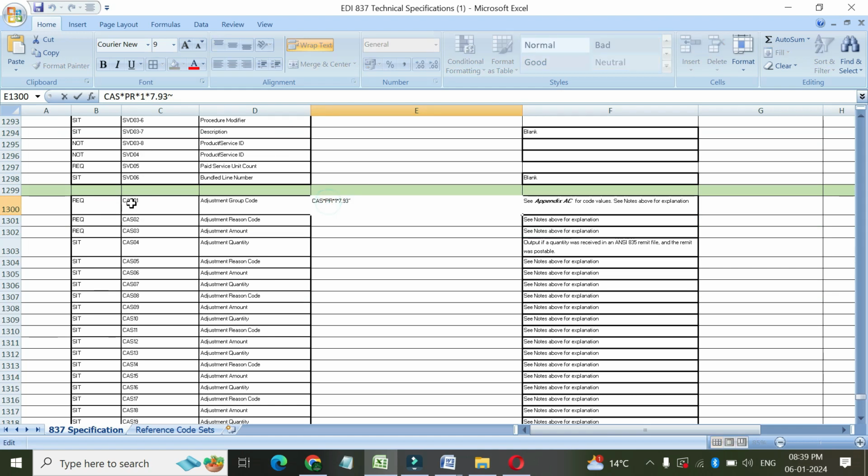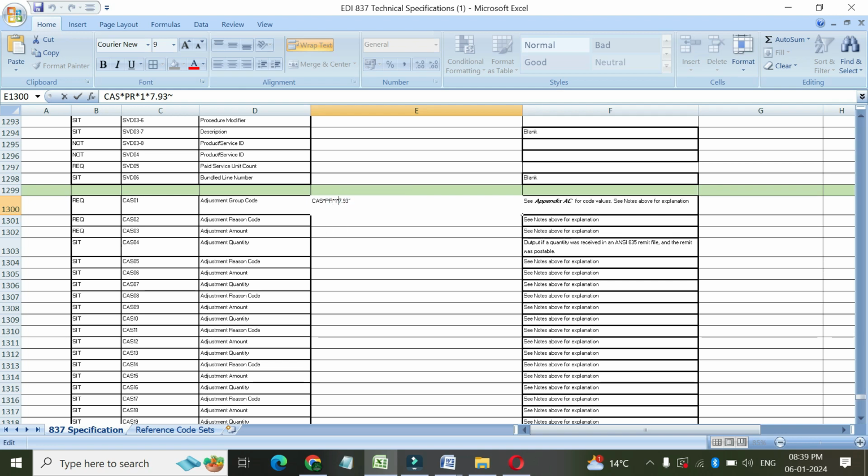Now here in the CAS segment are all the group codes, reason codes. These are known as claim adjustment reason codes. And this first element here, the claim adjustment reason code, is made up of two parts. One is the group code and one is the reason code. So PR in this case is the group code and 1 is the reason code.